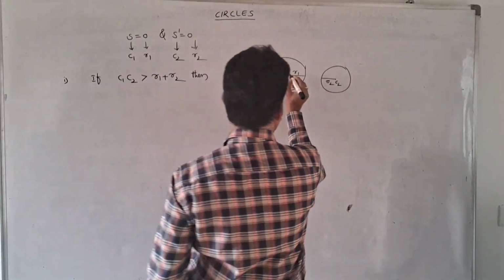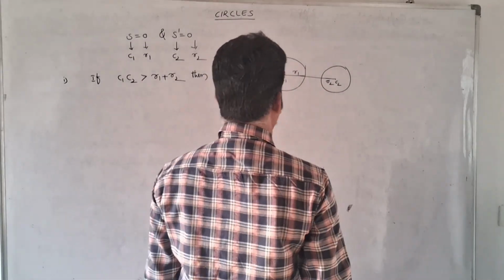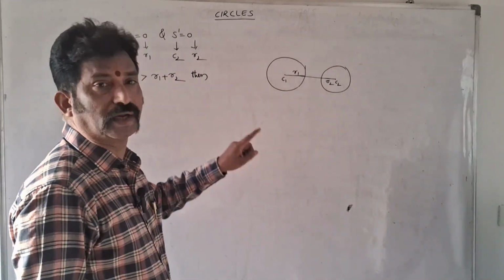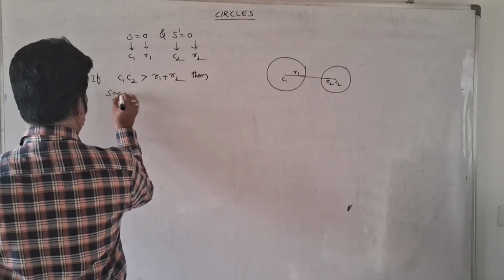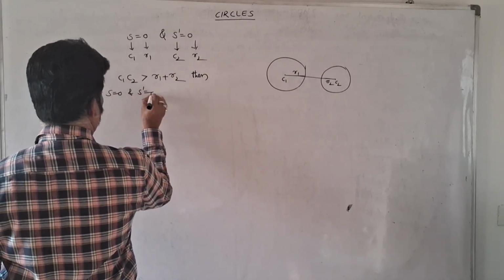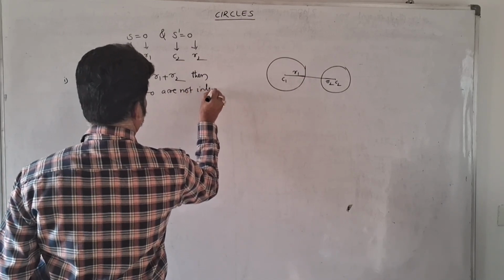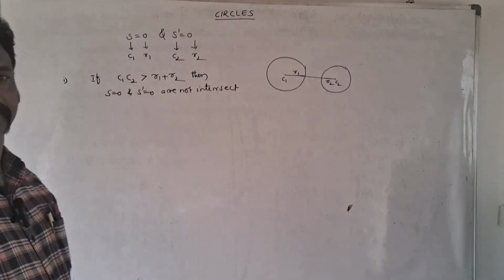So the total distance is C1C2. If C1C2 is greater than R1 plus R2, then the two circles S equals 0 and S dash equals 0 do not intersect. That is point number 1.